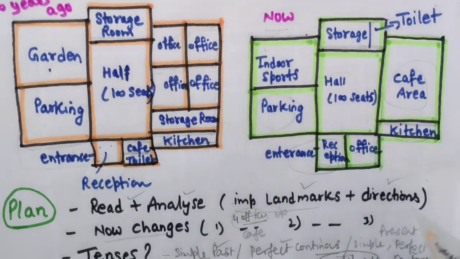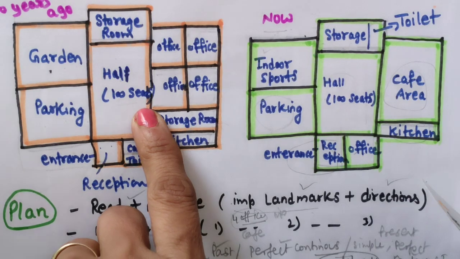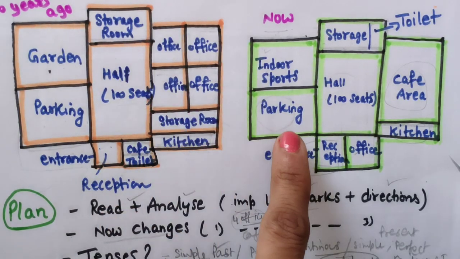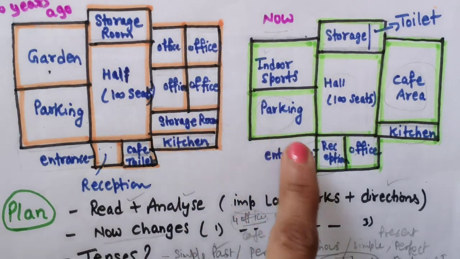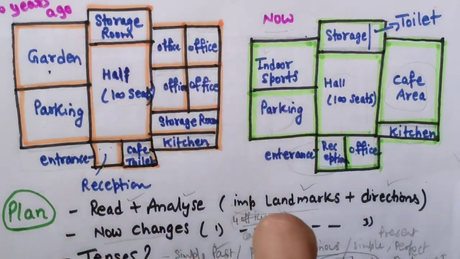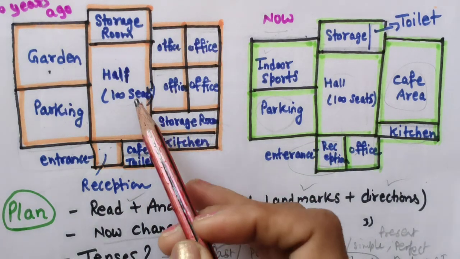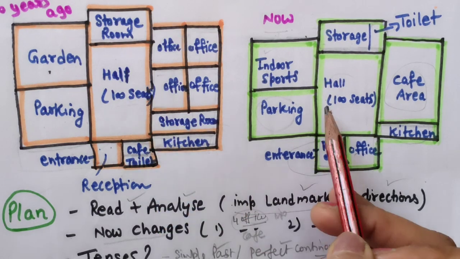Now coming to how to write the detailed paragraph. There are 2 methods. First, you can write the first map, and then you can write the second map while comparing with the old map. And another method, take it category-wise. This is also a good way to write your map task. Suppose you take the hall, 100 seats capacity.